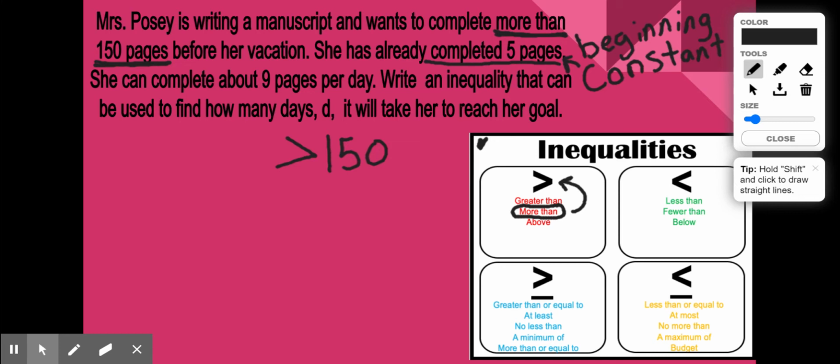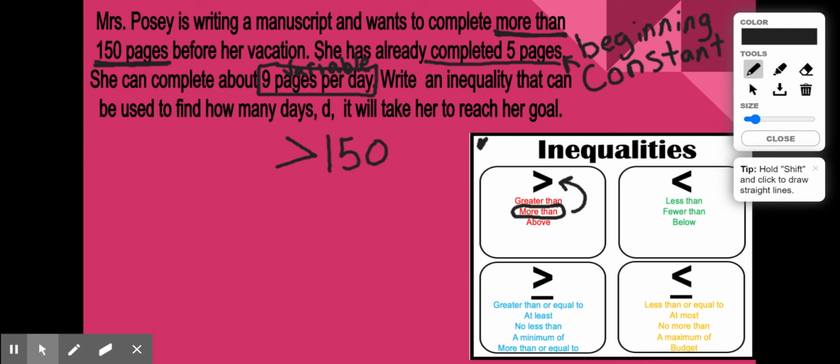So we already have our inequality symbol and our constant. She can complete about 9 pages per day. That right there, 9 pages per day, that's our variable term.